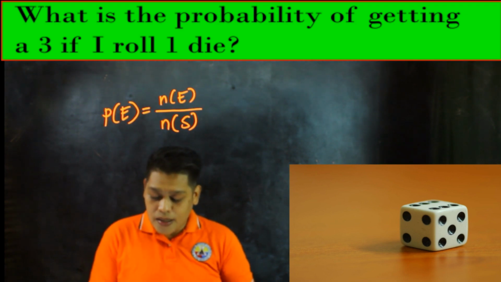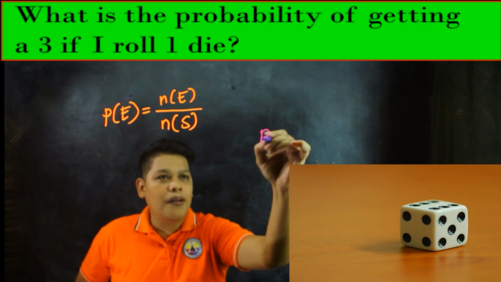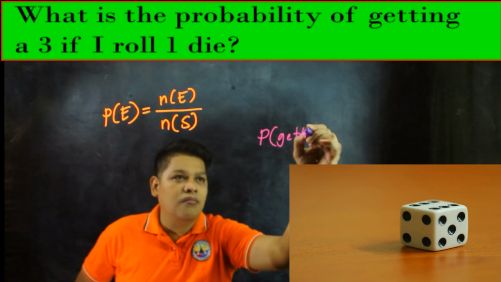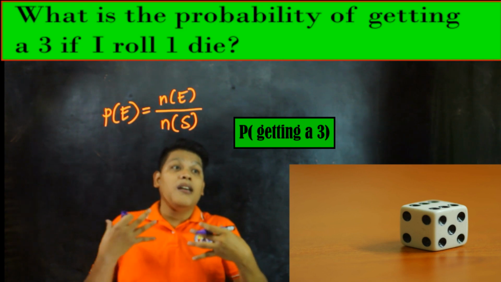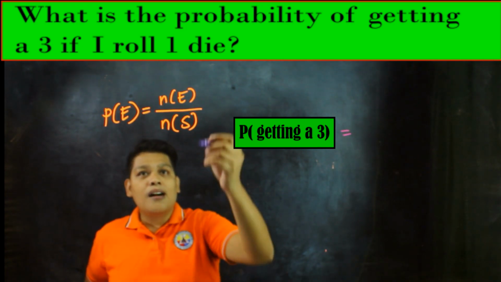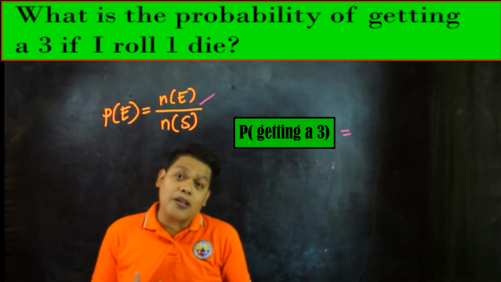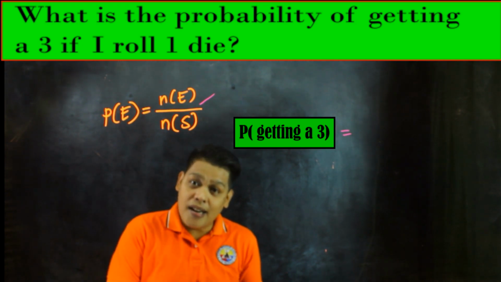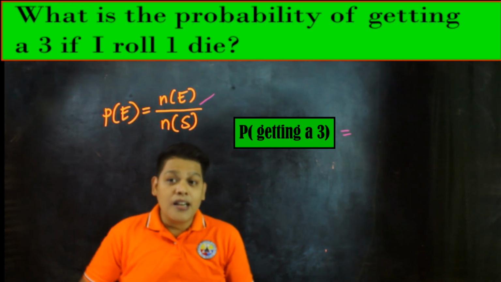Our event here is the probability of getting 3 if we roll a die. It is equivalent to what is our favorable outcomes. So how many 3s are in a die? There is only 1 three on a die.